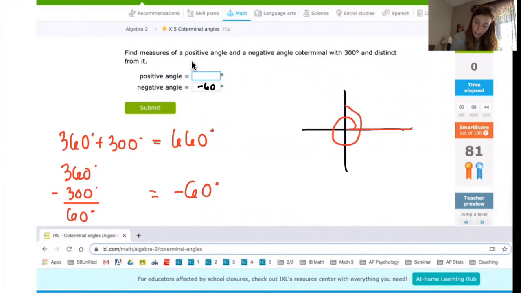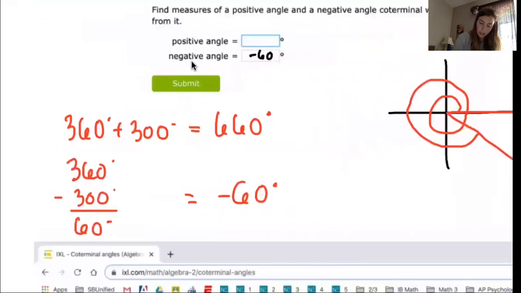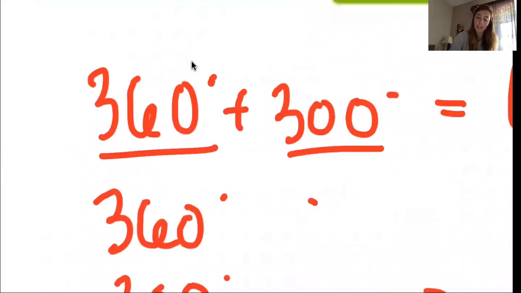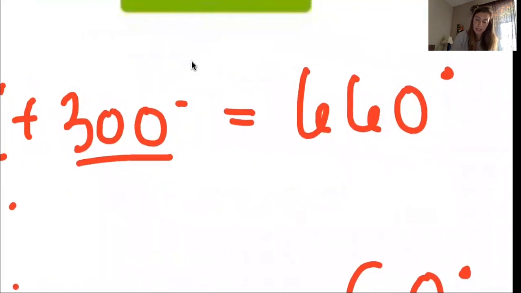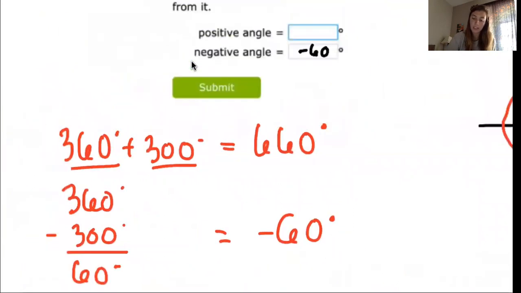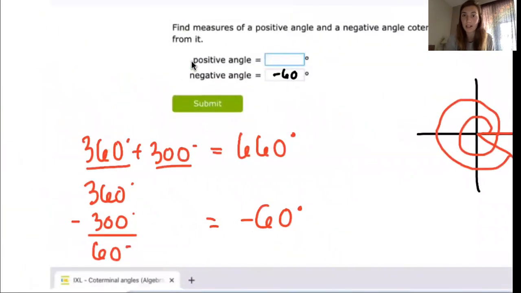So now I go 90, 180, 270, 300. I did one full rotation around, so that's 360, and then did my 300. And that gives me 660. So 360 plus 300 gives me 660. So that would be another way of expressing 300 degrees.